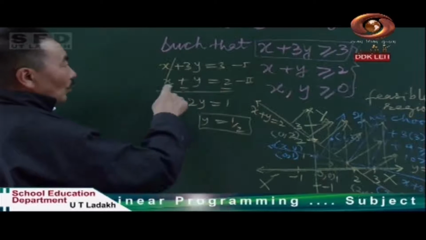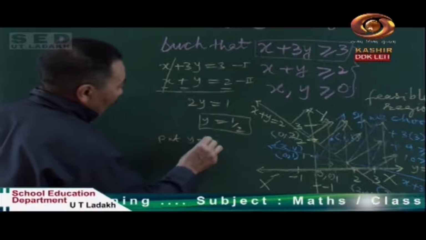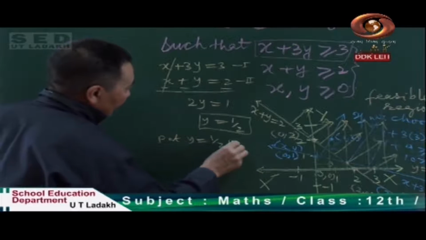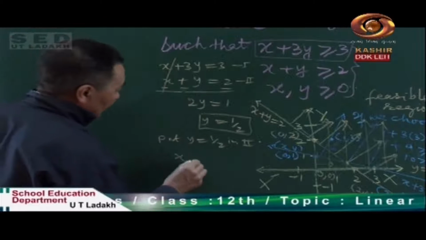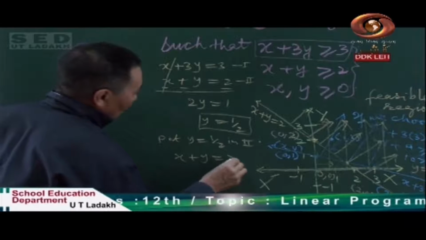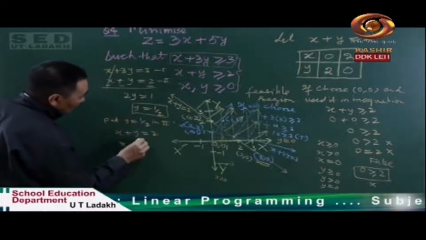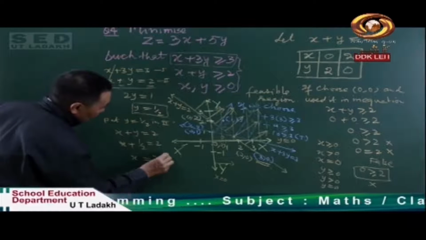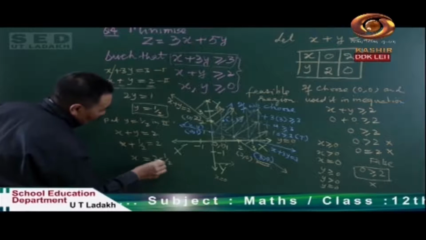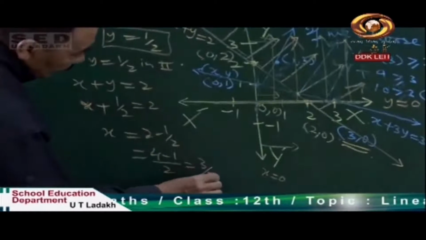If we use this in one of the equations, say put y equal to 1 by 2 in the second equation, x plus y equal to 2, then x plus 1 by 2 equal to 2, then x equal to 2 minus 1 by 2. It will come out 3 by 2.